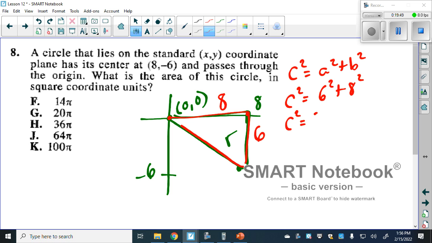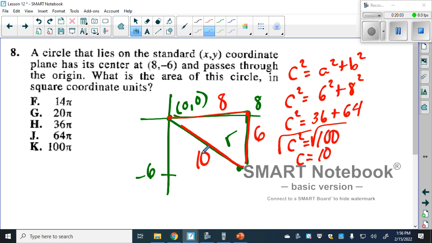And 6 squared is 36. 8 squared is 64, so c squared is equal to 100, and the square root of 100 is 10. I know I've said it in geometry, and I think I've said it in here.